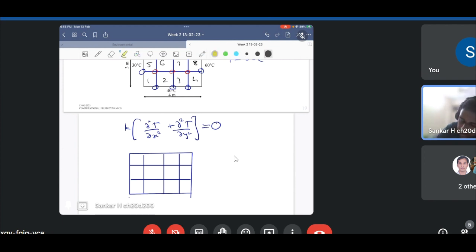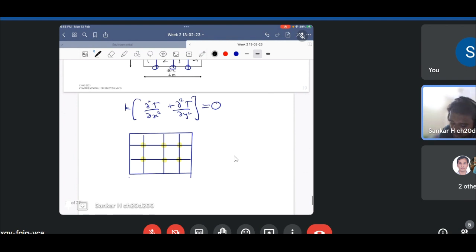Let us assume this is the x direction and this is the y direction. Therefore, this point would be 1 1 and this point would be 5 3. So this would be 1 1, 2 1, 3 1, 4 1, 5 1.